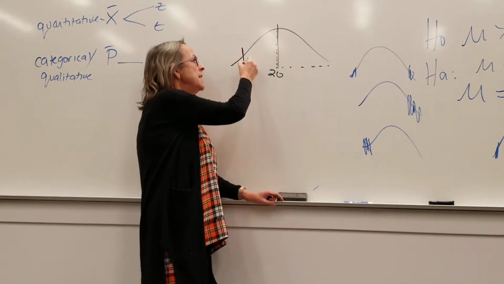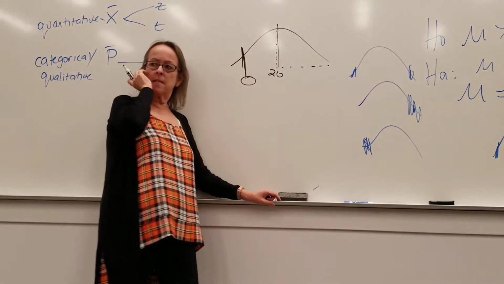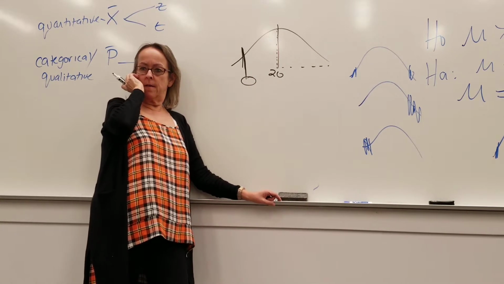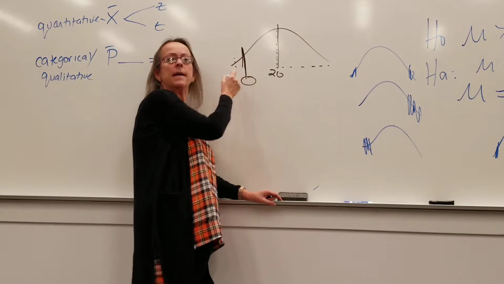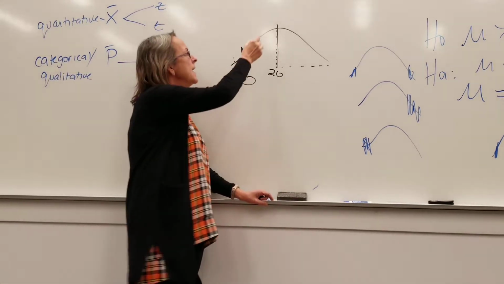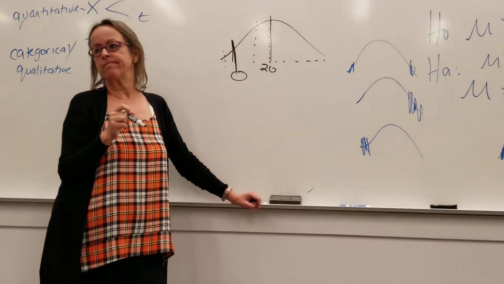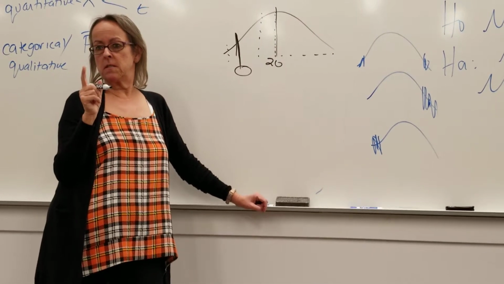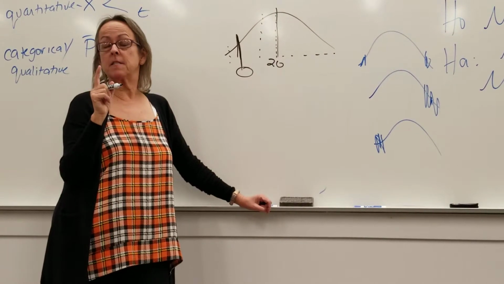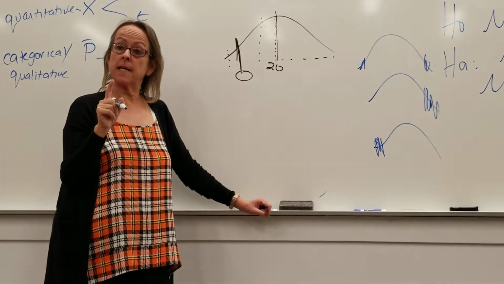I need to find this cutoff point. What number makes it statistically significantly different? And if I get a number down here, I'll be like, fine. If I get something in here, I'm suspicious. I'm suspicious, but I don't have proof beyond a reasonable doubt.